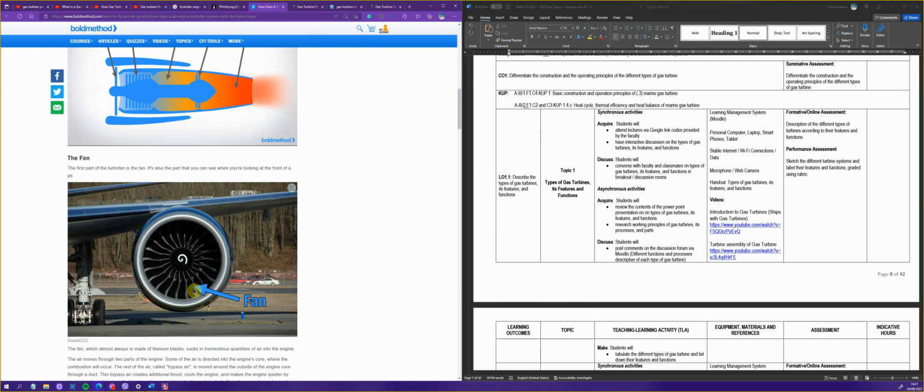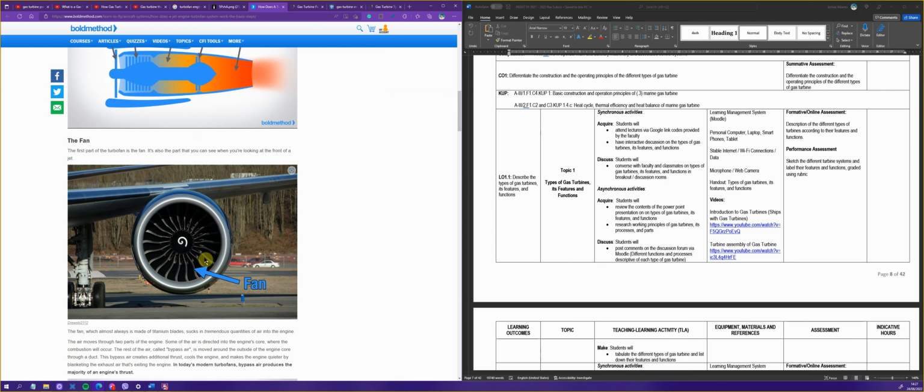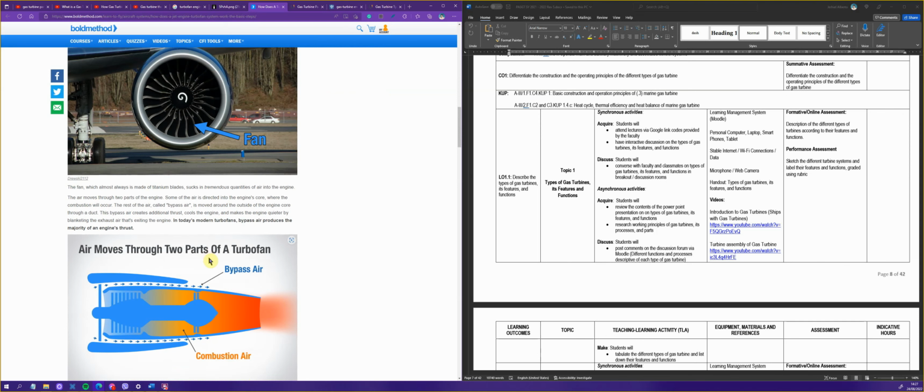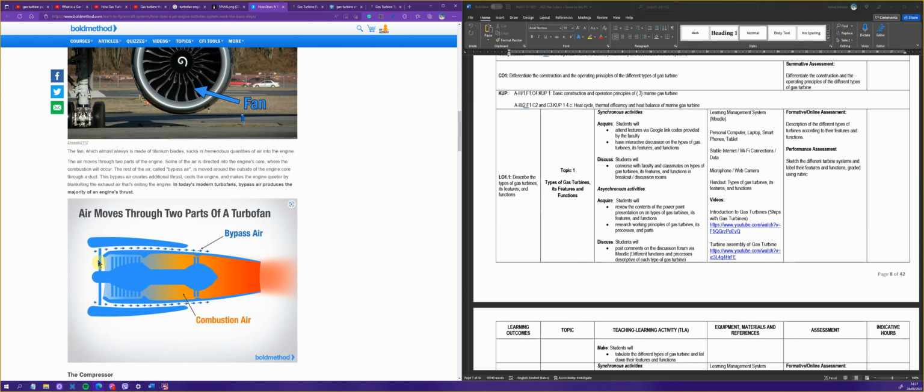Ayan, ito yung itsura ng fan. Ito yung sinasabi niya lang sa turbo fan mo na the fan helps pressurize the incoming atmospheric air.